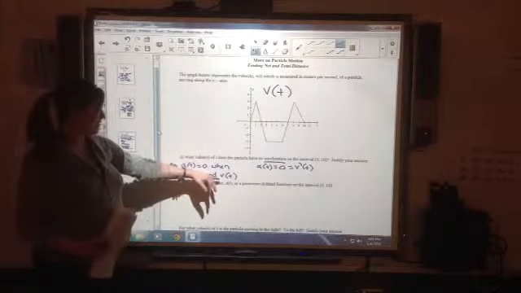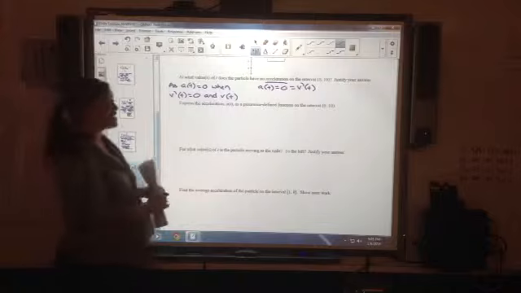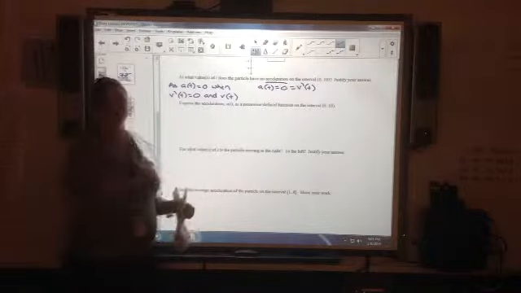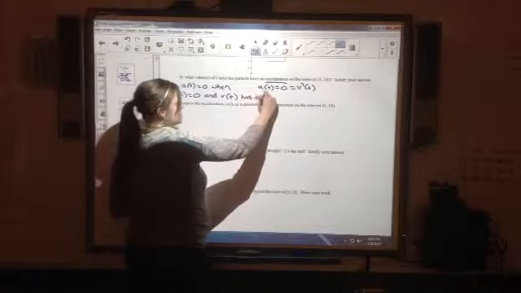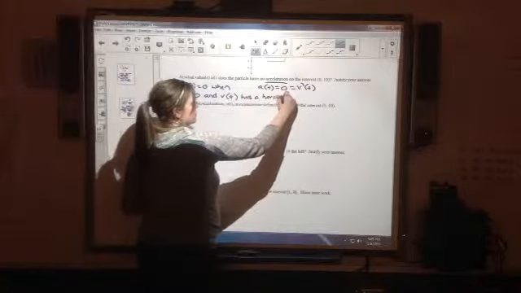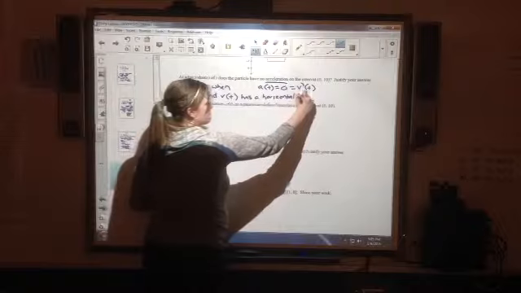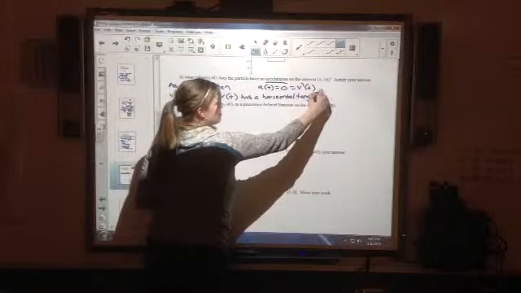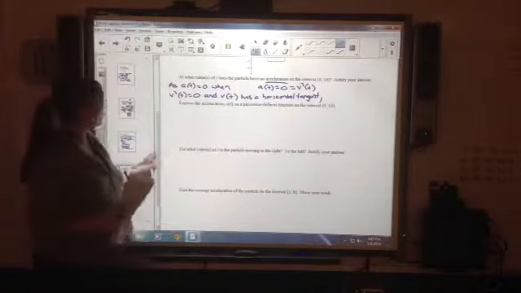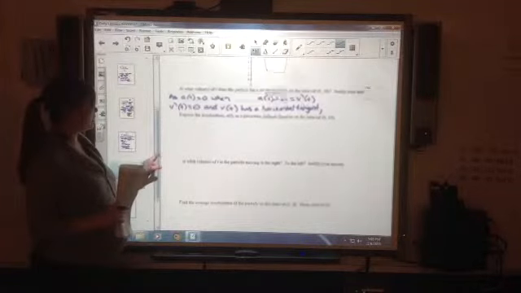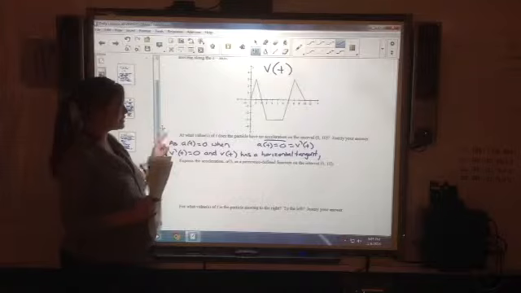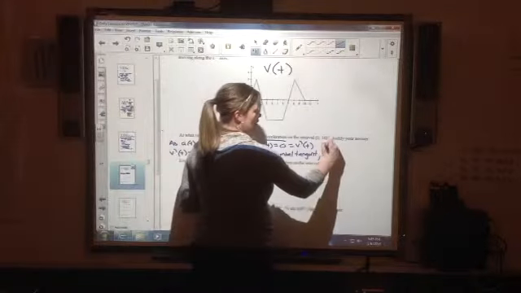So I need v of t to have a horizontal tangent. We're going back to what's going on with v of t. I'm justifying before I get there. And v of t has a horizontal tangent, the particle has no acceleration. I'm going up here now.